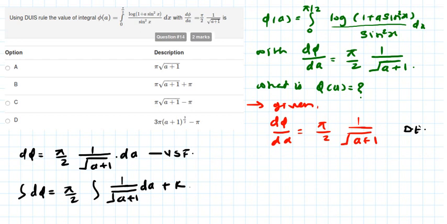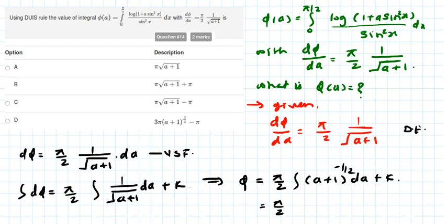So this implies, integration of d phi is phi, equal to pi by 2 integration of 1 upon under root a plus 1, that is integration of a plus 1 raised to minus half dA plus constant. So this will be pi by 2, integration of this will be a plus 1 raised to half upon half plus constant. So this 2 will get cancelled.